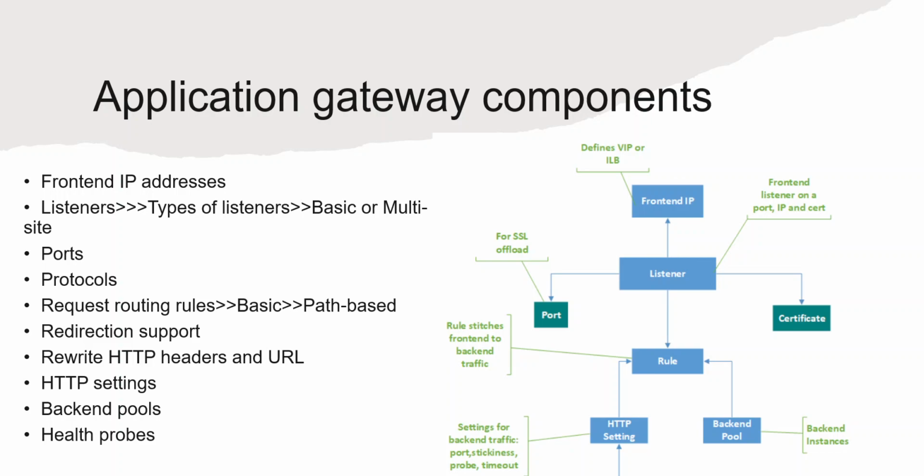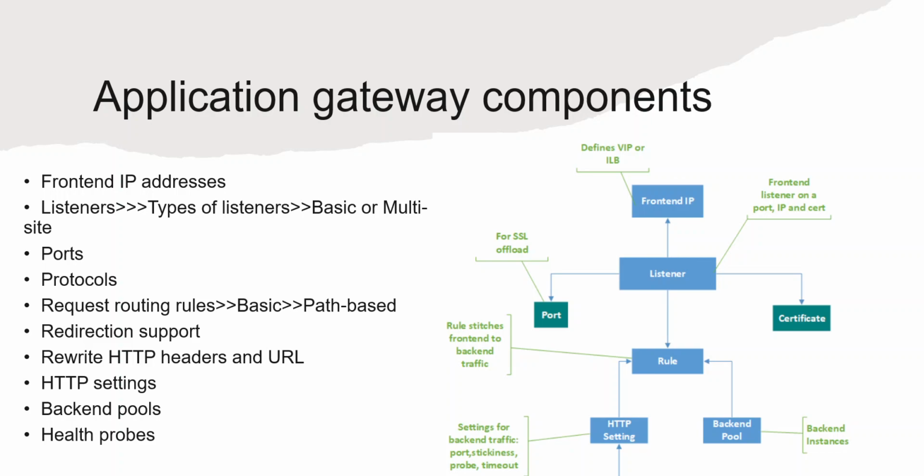There are other things that are configured in this. One is redirection support, which will help in redirecting the traffic as per the rules. HTTP headers: you can rewrite the HTTP headers and URL. You can add and update the response headers as well as the URL path.